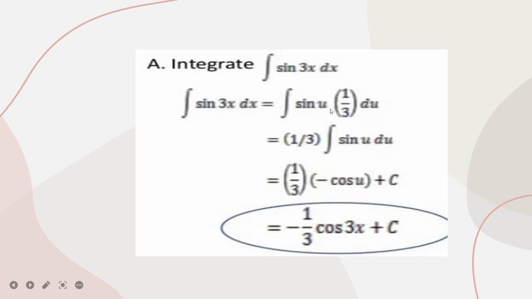So, sin u, 1 over 3 du. Since 1 over 3 du is equal to dx, we substitute the dx. So, it is equal to 1 over 3 the integral of sin u du is equal to 1 over 3 times negative cosine u plus c, based on our formula. So, for the final answer, it is equal to negative 1 over 3 cosine 3x plus c.